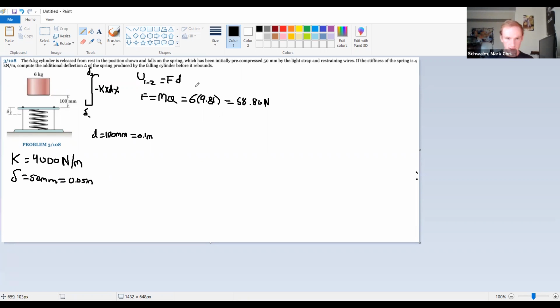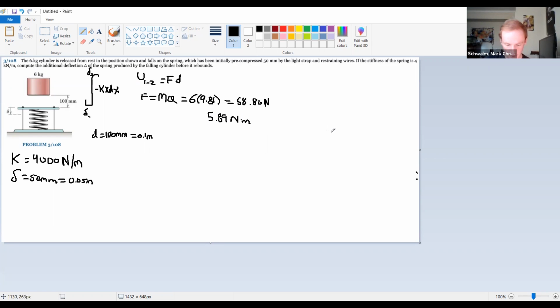All right, so we got that. And then we're just going to multiply these two little numbers. So we got 58.86 times 0.1. That's just going to move the decimal place over one place. So we have 5.89. Newton times meters gives us Newton meters, which is the work.